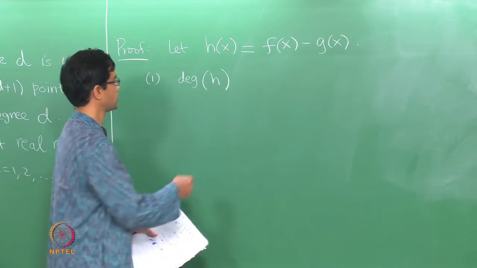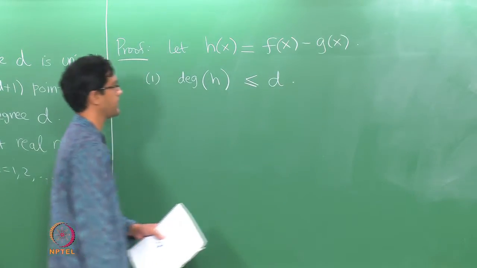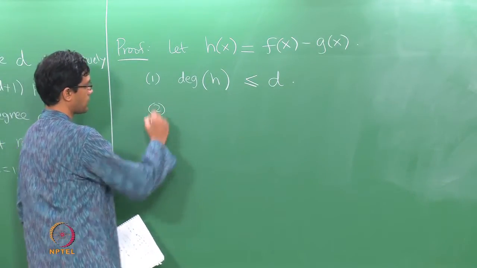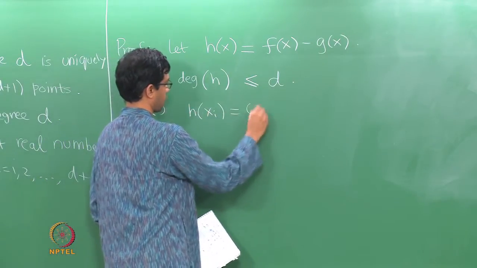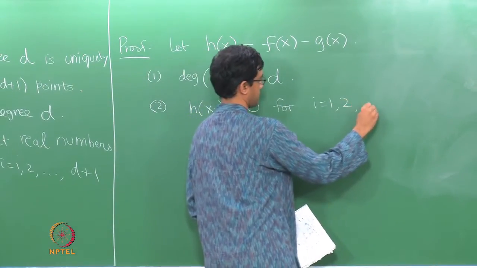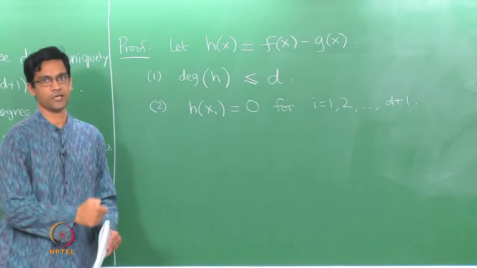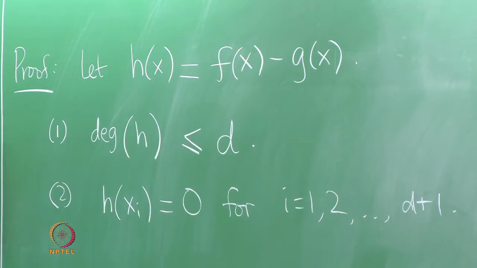So let us be content with the following: the degree of h is at most d, less than or equal to d. That is statement 1. Statement 2 is that h vanishes at these d plus 1 points x1, x2, till xd plus 1.